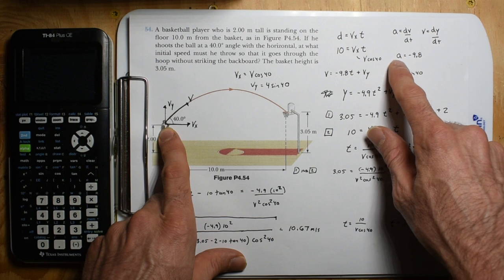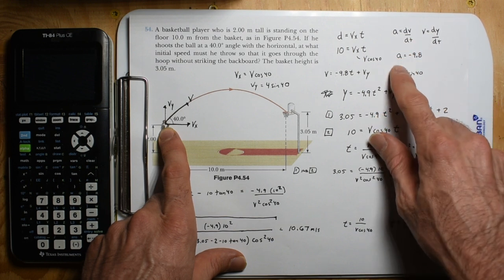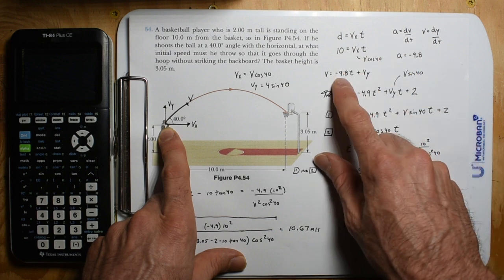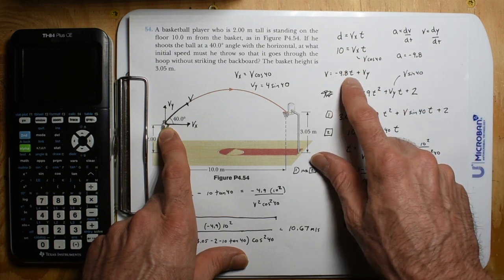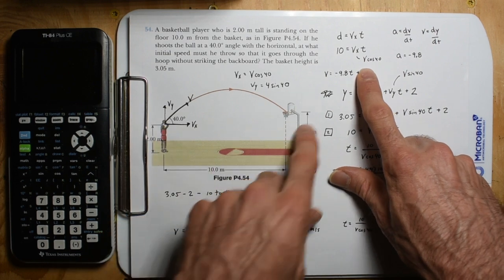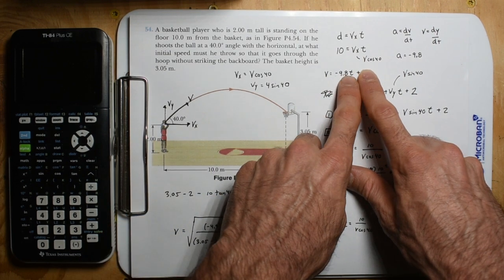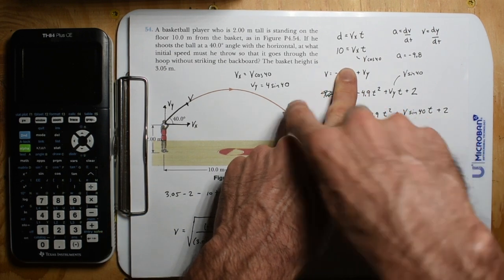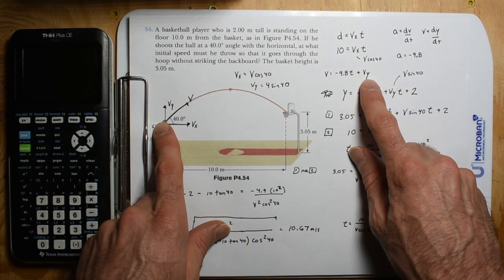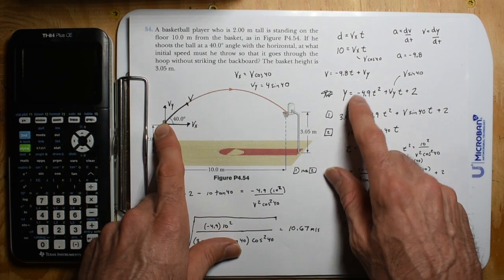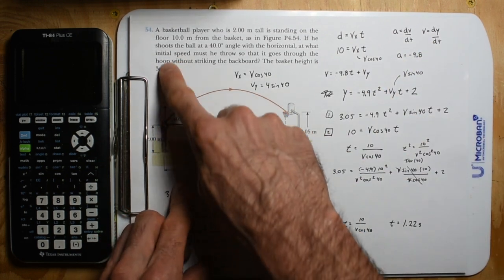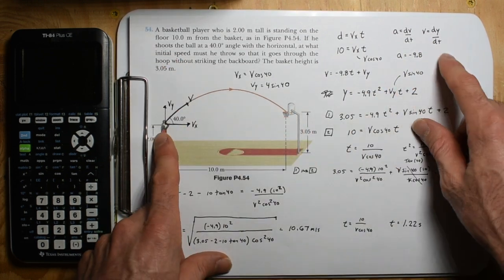We know that a is dv/dt. We separate variables, we integrate, so we get v equals negative 9.8t plus a constant. You find this by putting in t equals 0: do we have velocity? Yes, and it's that vy. Then you integrate again, because v is dy/dt, where y is the distance in the vertical.